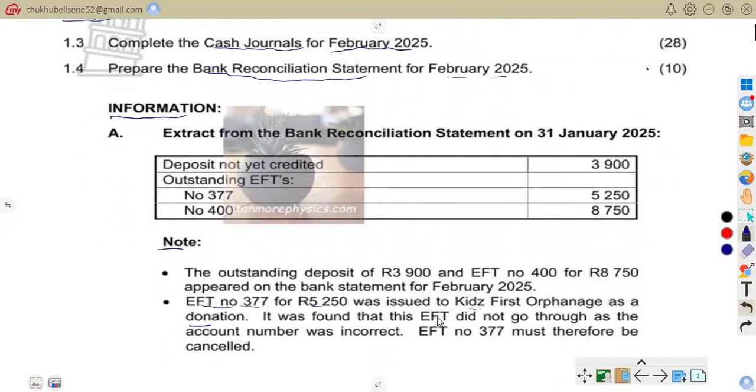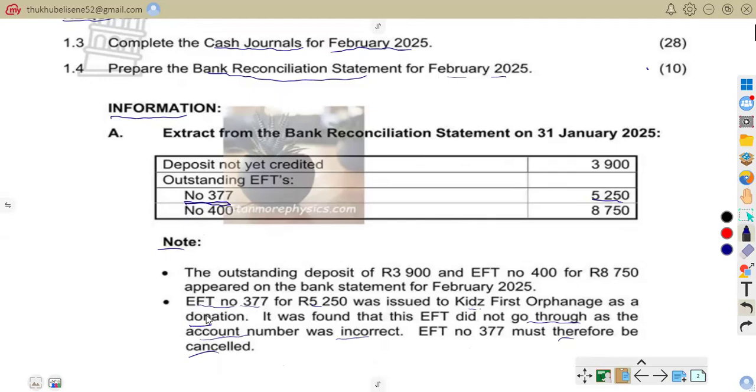It was found that this EFT did not go through as the account number was incorrect. So EFT number 377 must therefore be cancelled. We are talking about this amount.